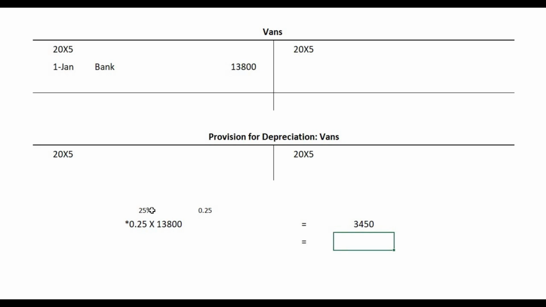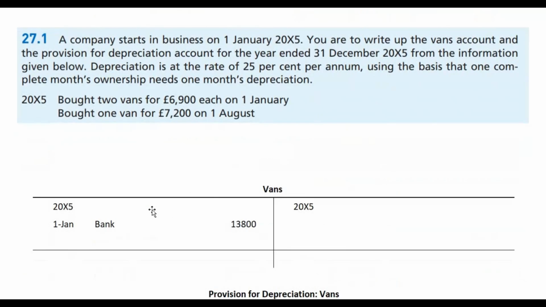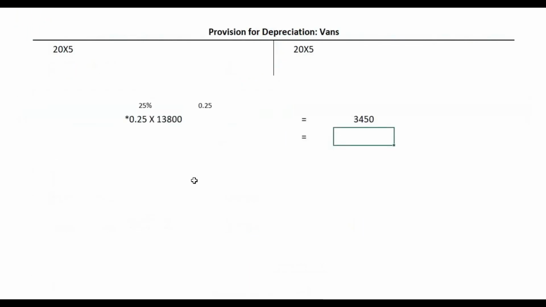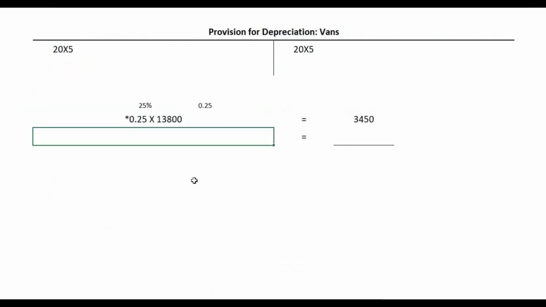This amount is the total depreciated cost of those two vans for 1 year, which the company bought in. Now for the third van, as you can see, they've also bought another van on 1st of August for £7,200. Now for the third van, multiply 0.25 with 7,200.